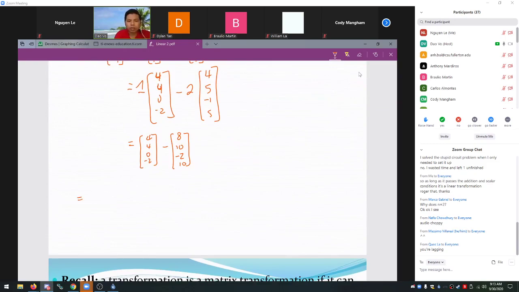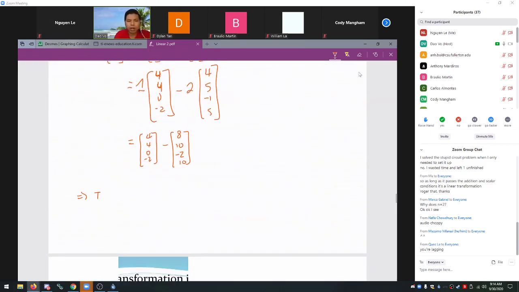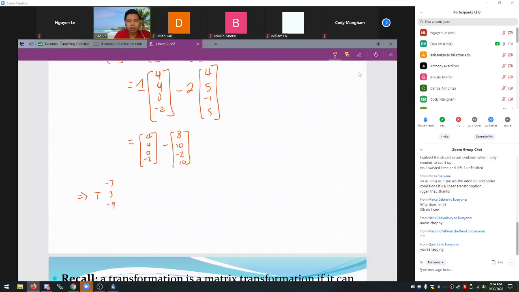So we can conclude that T of (-7, 3, -9) is now equal to (-6, 2, -12). So that's how we evaluate without the formulas.